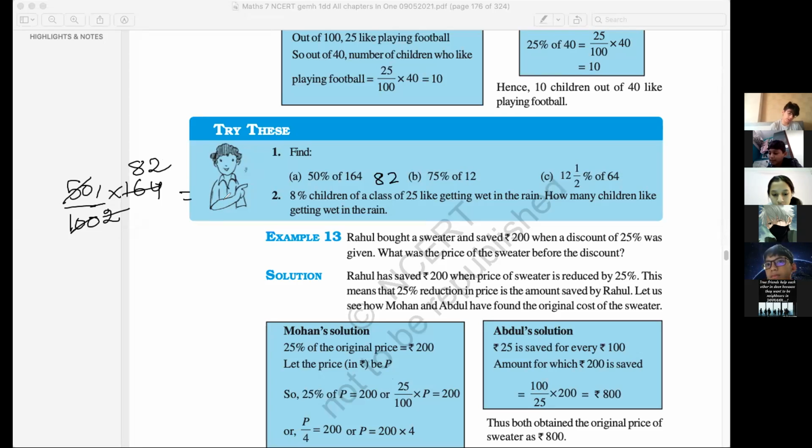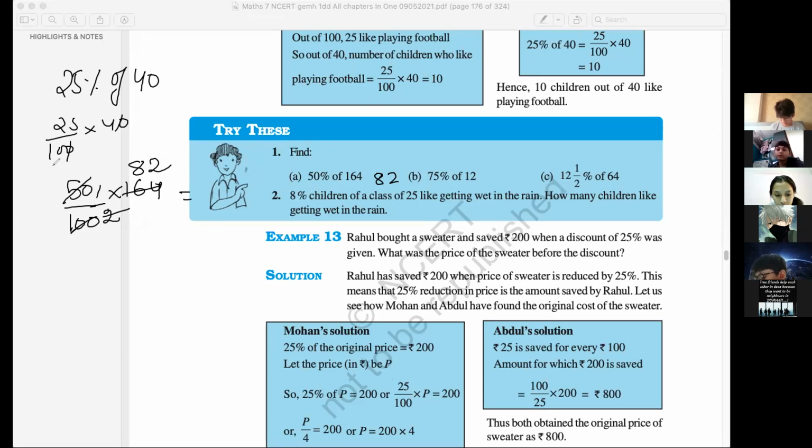Ma'am, the question was 25 upon 100 into 40. So we will remove both the zeros. Ma'am, 40 ka 0 and 100 ka 0.